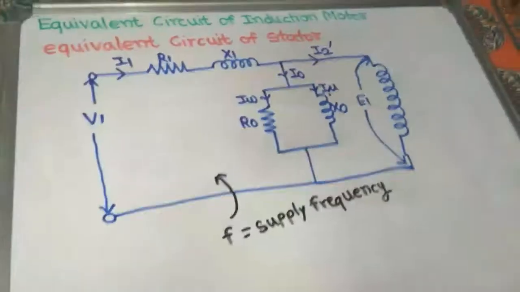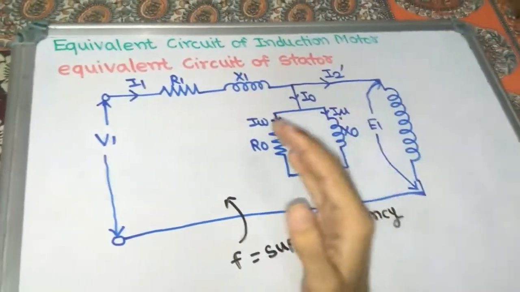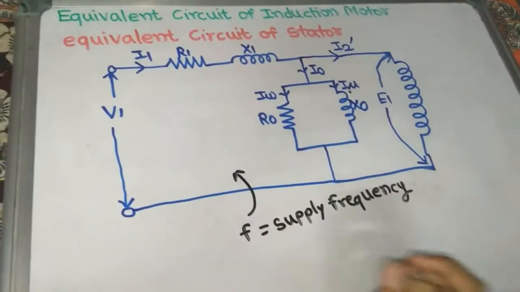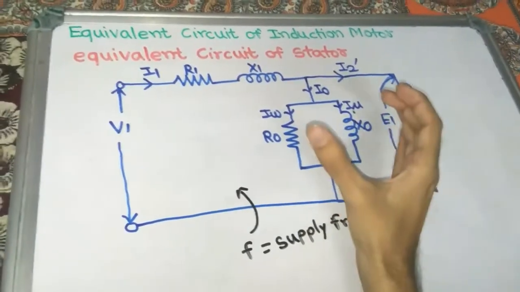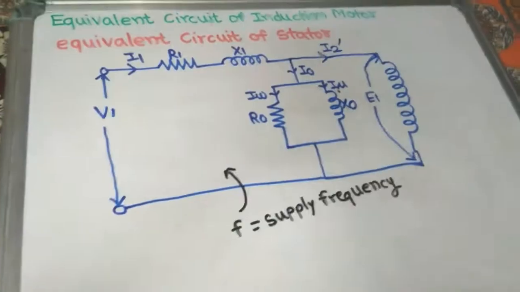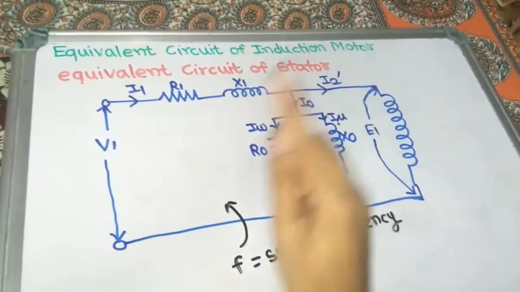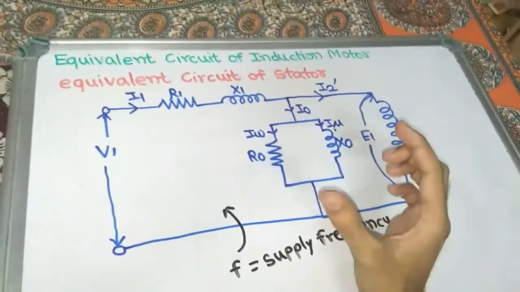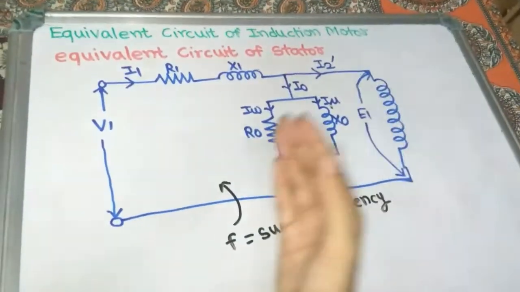So to make the induction motor equivalent circuit similar to that of a transformer, we must make the rotor frequency equal to the supply frequency by some arrangements, and we should follow this arrangement now. Up to now, the induction motor equivalent circuit is not similar to that of a transformer. So first we have to make the frequency of the rotor winding equal to the supply frequency, means the same as that of the stator.